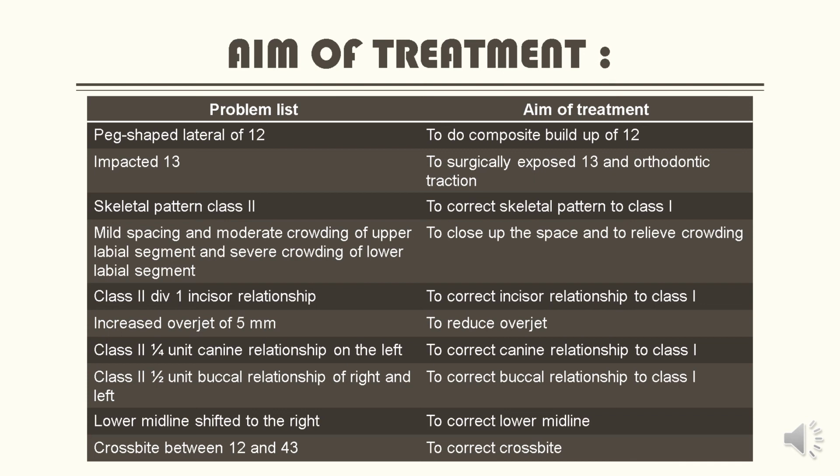And in the apical position, it does not exceed the root of the second premolar. The criteria indicate that the impacted 1-3 must not exceed the second premolar, and in this case it does not, so we can do the surgical exposure of 1-3 and orthodontic traction.